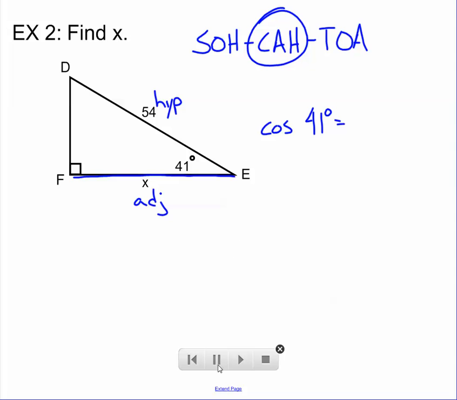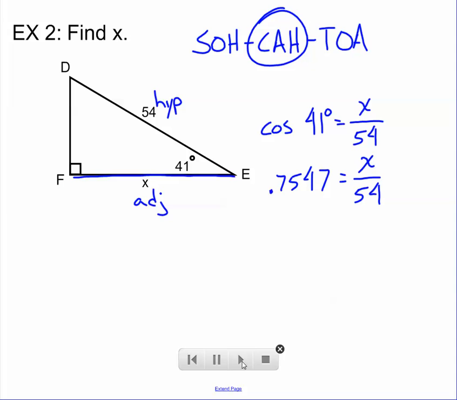So we'll write our equation. Cosine of a 41-degree angle equals the adjacent side x over the hypotenuse 54. Using the table of trig values, you can find that the cosine of a 41-degree angle is 0.7547. No matter what the size of your triangle, if you've got a 41-degree angle in there, cosine, adjacent over hypotenuse, is always going to be 0.7547.